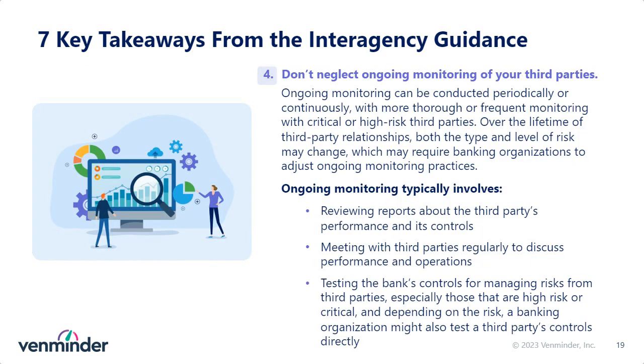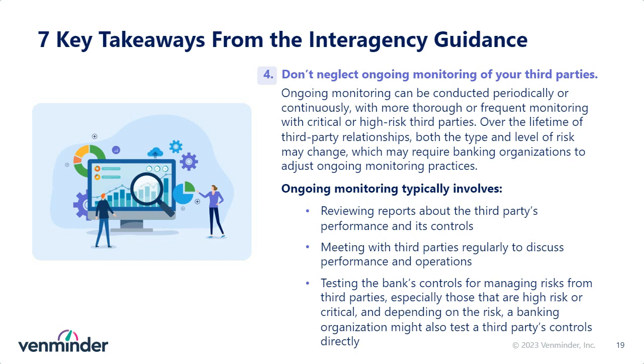Again, not a new requirement, but ongoing monitoring is really important and it's expected. And typically that involves looking at reports about the performance and controls, so that risk assessment and that risk reassessment. It means meeting with your third parties to discuss their performance in operations, okay? This is really important.